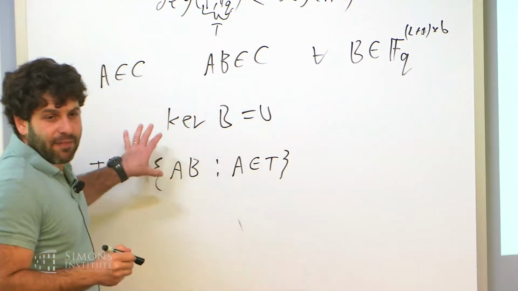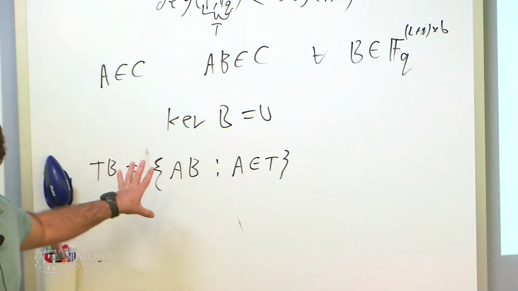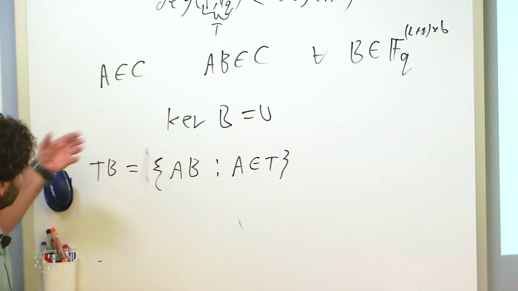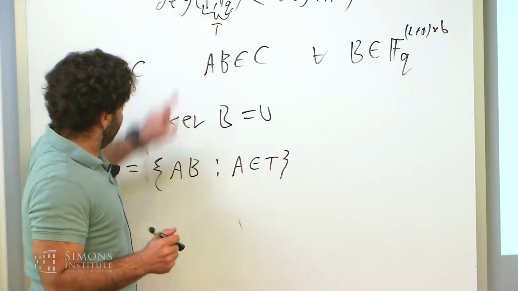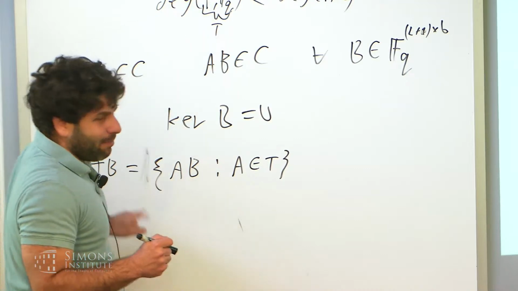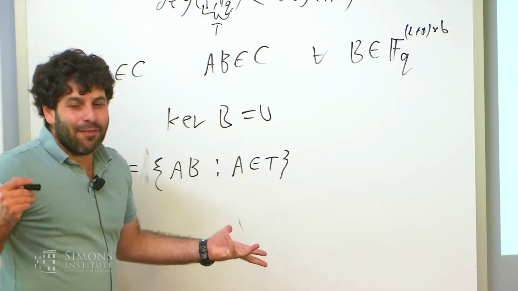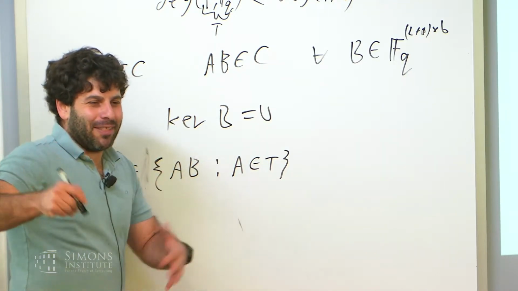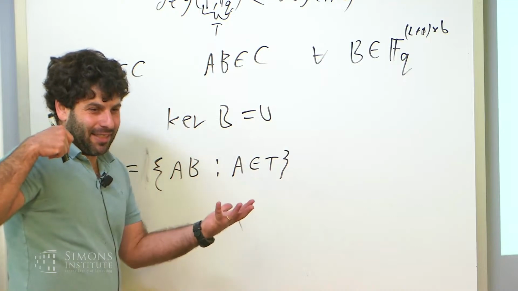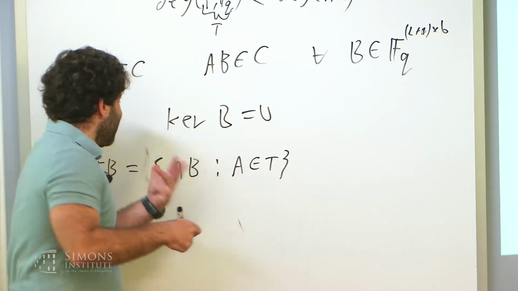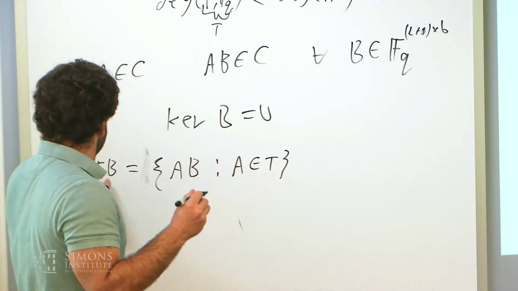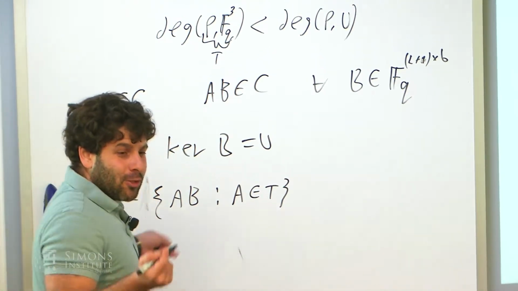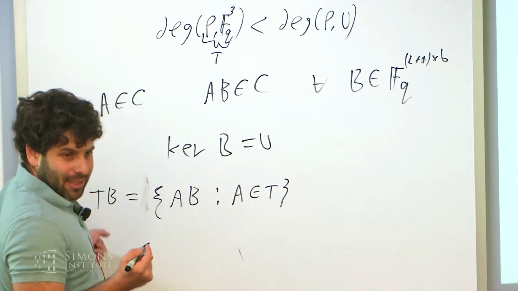So we're just doing the same thing that we did in the classical case. We're defining this new set, which is what happens to a matrix here when we apply B to it, when we mod out U. And just because of degree considerations, because the kernel plus the image equals the size of the ambient space, this is also a linear space. We can also define a degree for this type, just as we defined above.